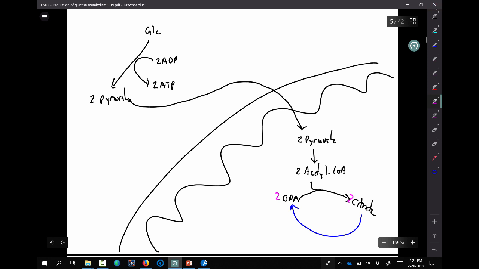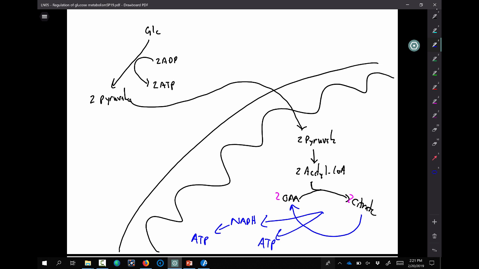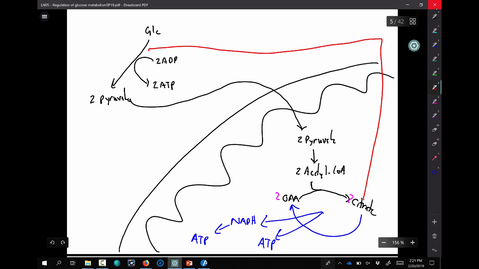Okay? Now, one of the major outcomes of this pathway is NADH. And NADH, through processes that we have yet to talk about, will lead to ATP production. Okay? This pathway also produces a small amount of ATP directly. Now, what we are saying here, if you look at this, citrate, interestingly, will come up here and it will inhibit this pathway.